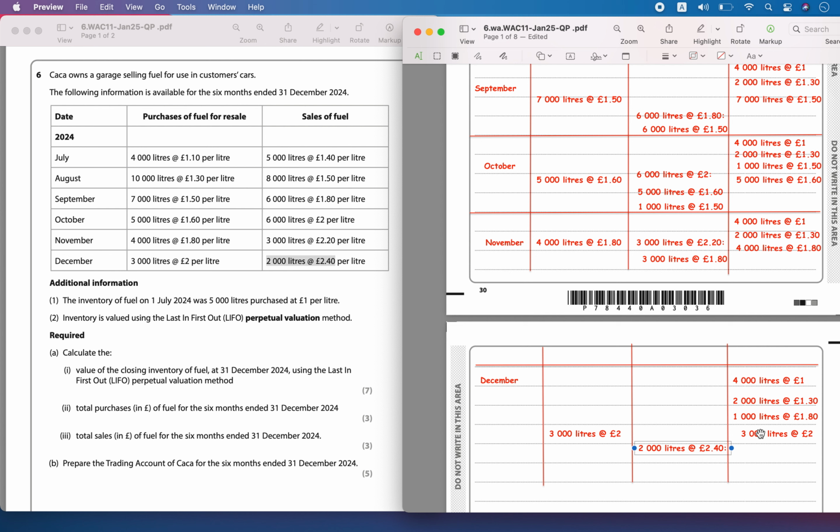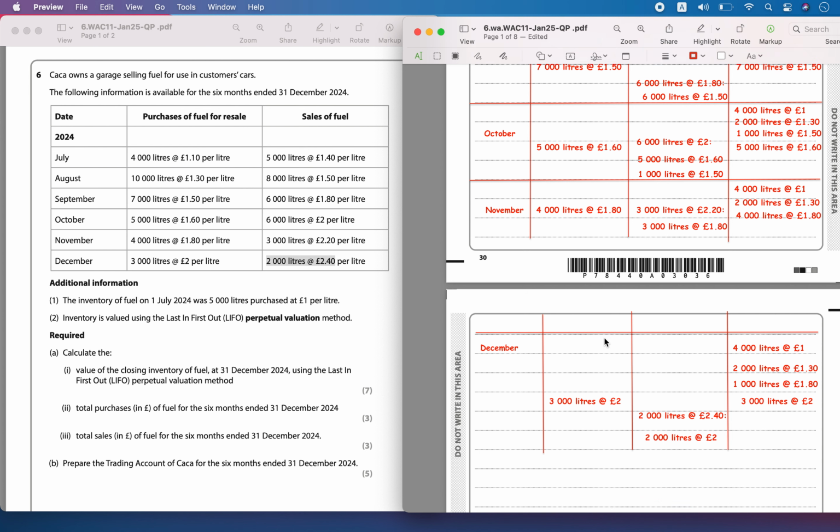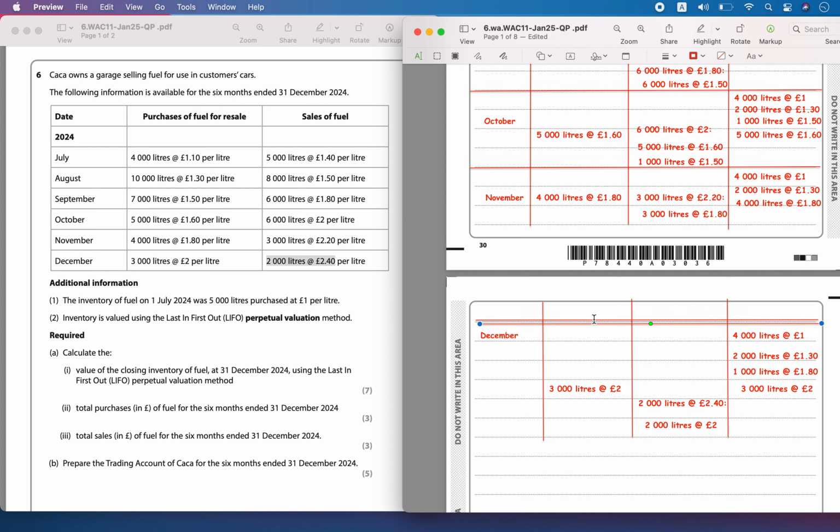We can issue from the 3,000, so 2,000 liters at 2. Now let's see how much inventory remains.